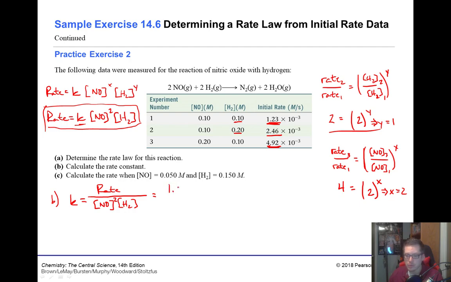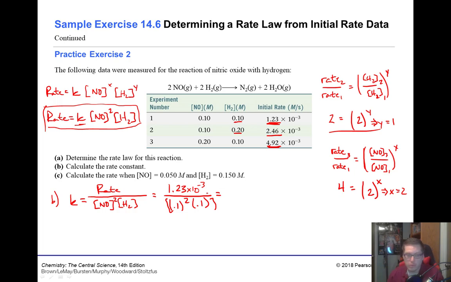So we'll do 1.23 times 10 to the minus third over NO squared, so that's 0.1 squared times 0.1. Then we plug that into our calculator. Don't forget to keep your denominator in parentheses here, otherwise you'll look like a fool because you set it up right, but you don't know how to run a calculator. 1.23 e to the negative third divided by 0.1 squared times 0.1.